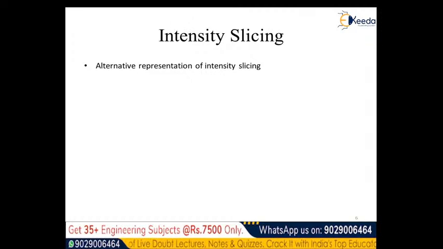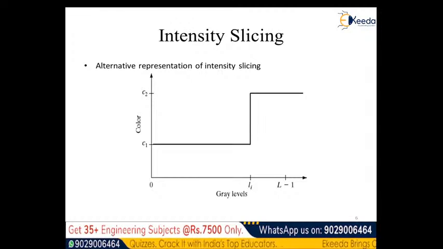The earlier illustration we have taken with the help of three axes, the three-dimensional illustration you can see. In the two-dimensional illustration, here you see, whatever the gray levels or intensity levels, generally you refer to the terms here. So it is on the horizontal axis here, and the color assignment we have on the vertical axis.